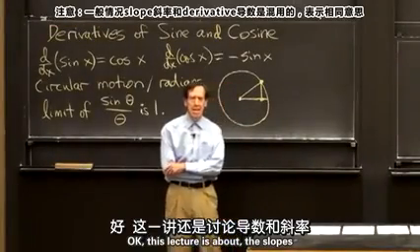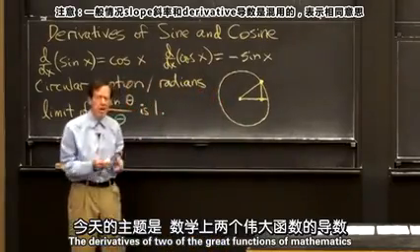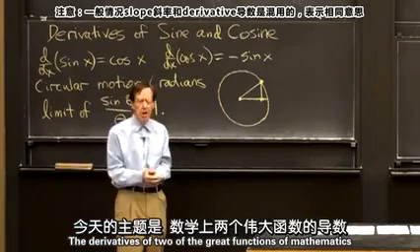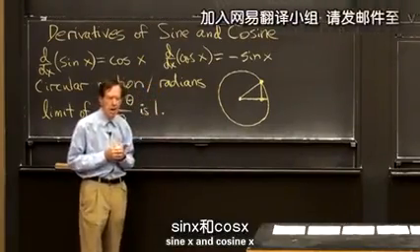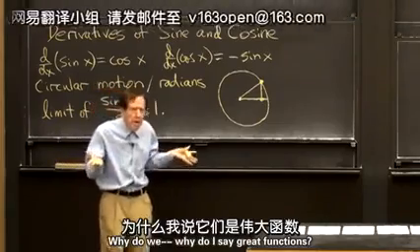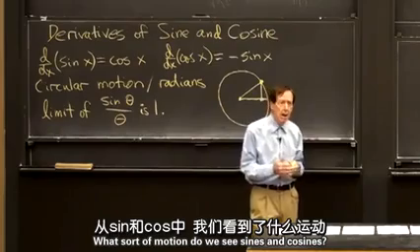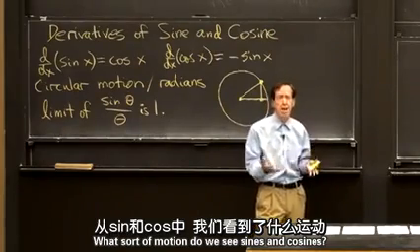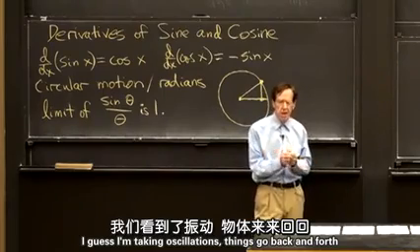Okay, this lecture is about the slopes, the derivatives, of two of the great functions of mathematics, sin x and cosine x. Why do I say great functions? What sort of motion do we see sines and cosines? Well, I guess I'm thinking of oscillations.